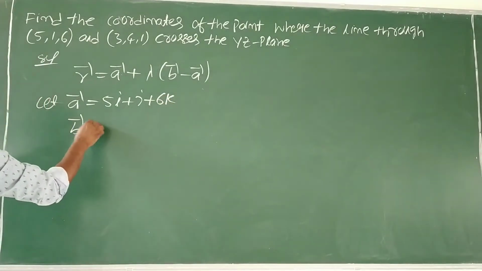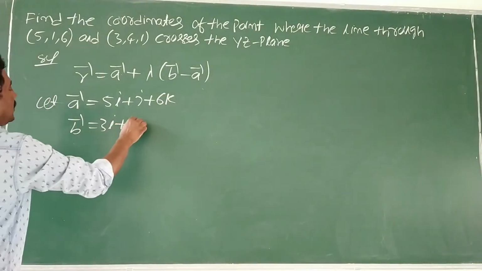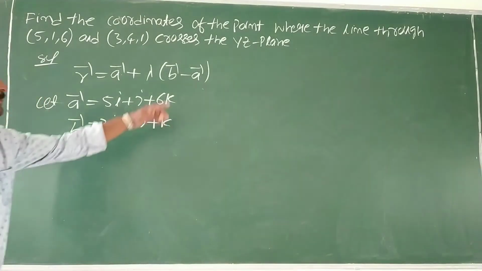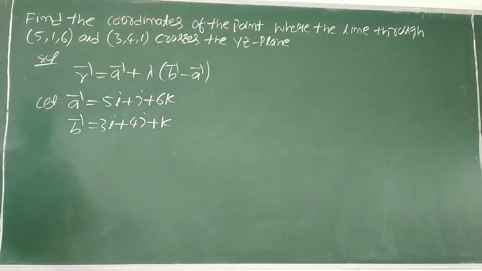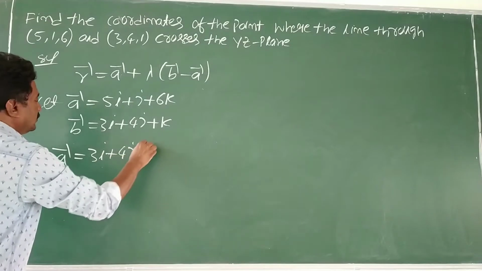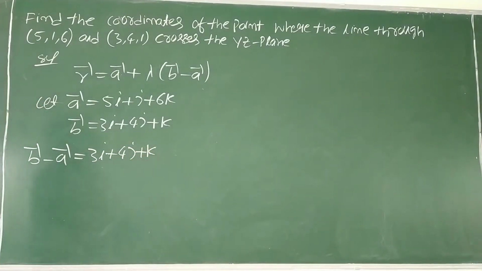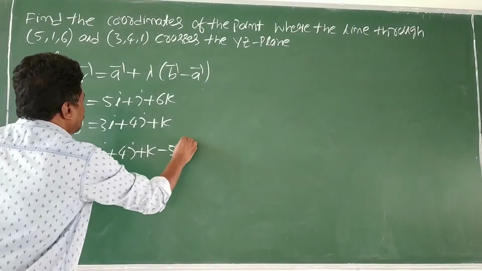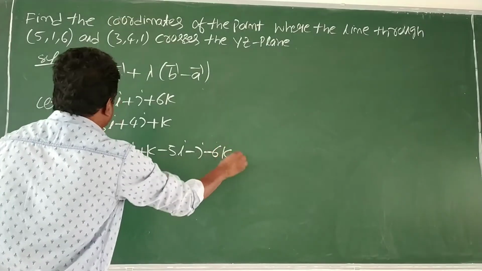Vector B is equal to 3I plus 4J plus K. Calculate B minus A, students. B minus A. So B minus A, vector B is 3I plus 4J plus K. Multiply vector A by minus, so write minus 5I minus J minus 6K.